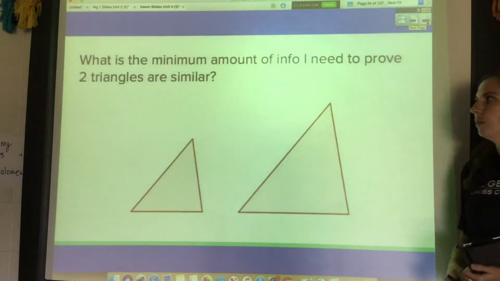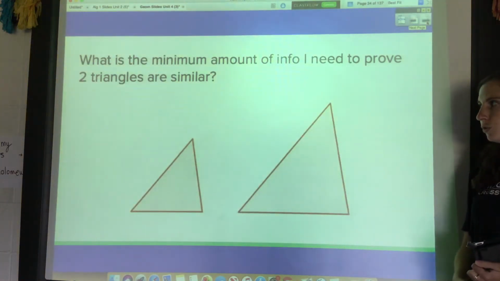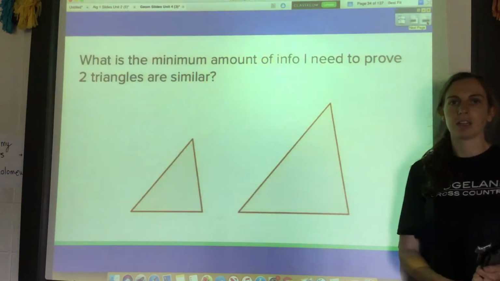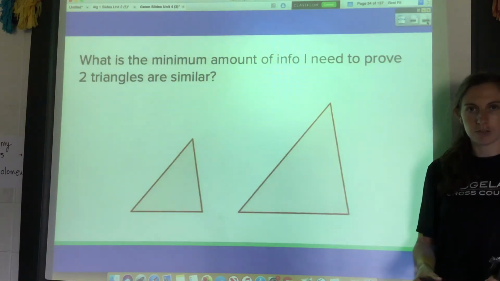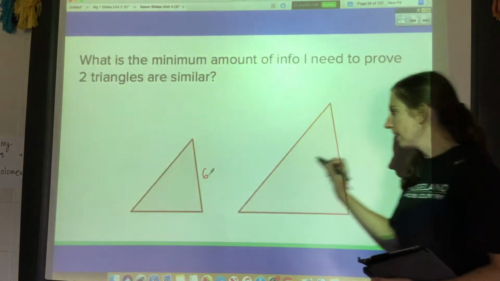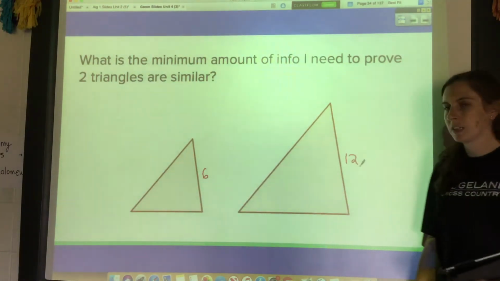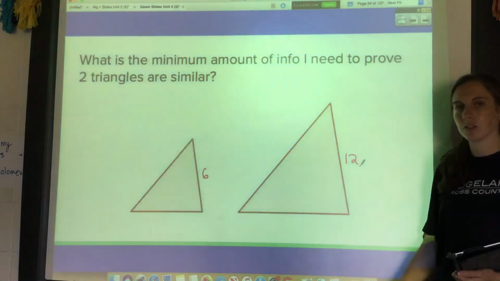So think about what would be the minimum amount of information I need to prove two triangles are similar. These look similar, but how do I know? Is it enough to just know that this is a 6 and this is a 12? What could these other sides be? What might these other angles be?